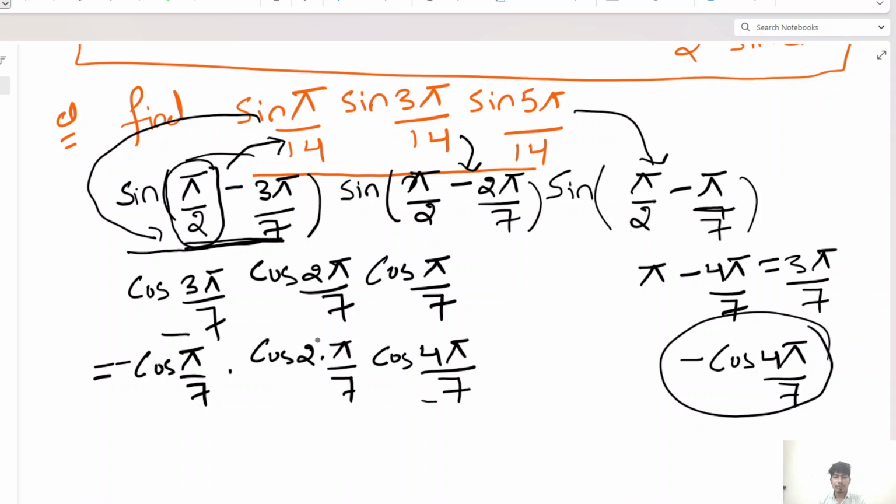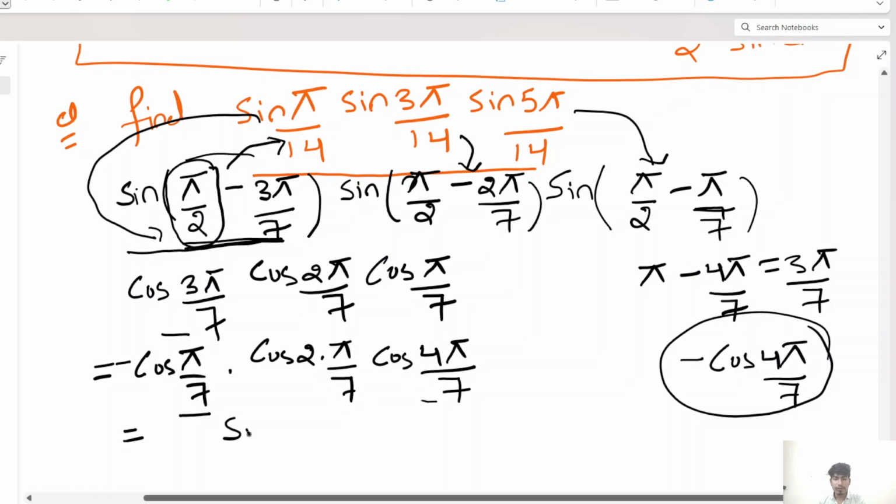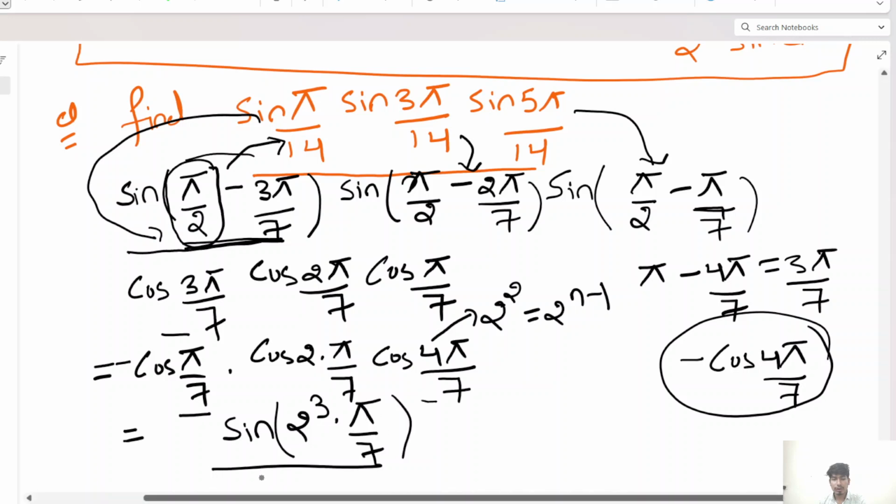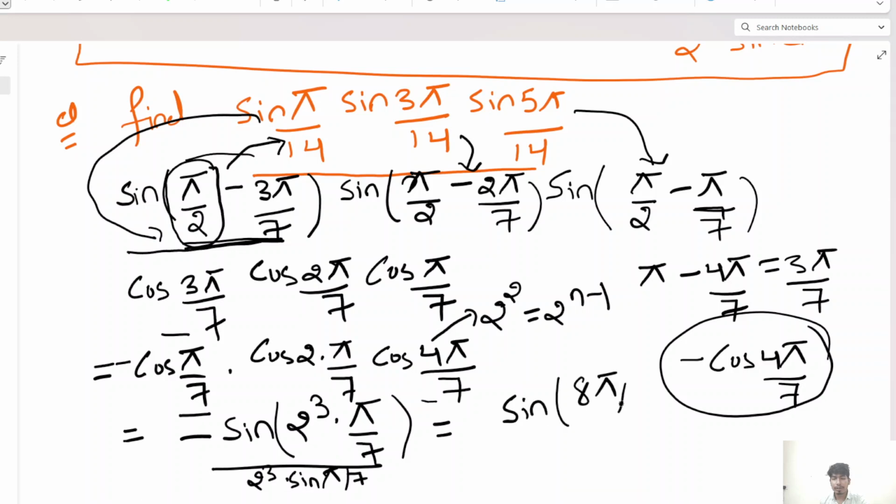So apply the rule: cos theta into cos 2 theta into cos 2 squared theta, which is sine of 2 to the power n theta upon 2 to the power n sine theta, with n minus 1 as the last power. Here 2 to the power n means 2 to the power 3, and theta is pi upon 7. So it is 2 to the power 3 into sine pi upon 7, and the minus sign remains: minus sine 8 pi upon 7 upon 8 sine pi upon 7.